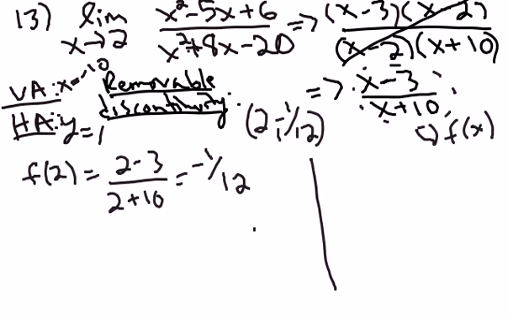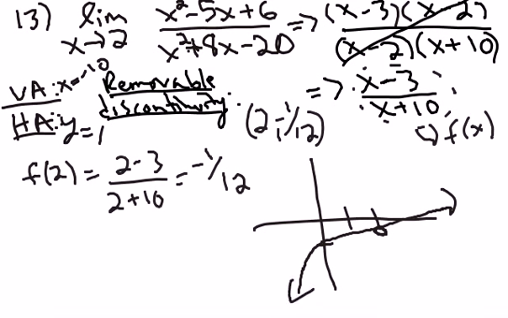so I guess just a quick sketch here. There's a hole right here at 2, negative 1/12, so that it kind of goes like that, right? Again, I'm kind of skipping around here as far as information for the graph is concerned. Where there's a hole there and you can graph the rest of it kind of quickly.